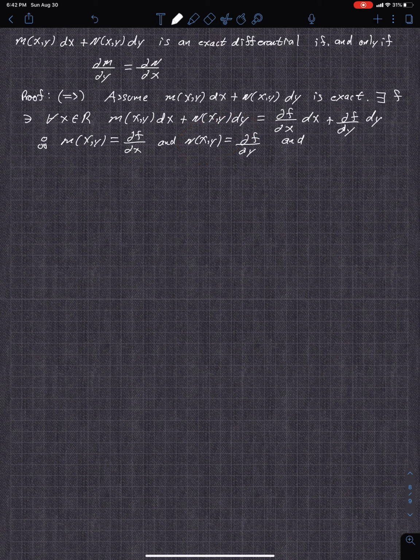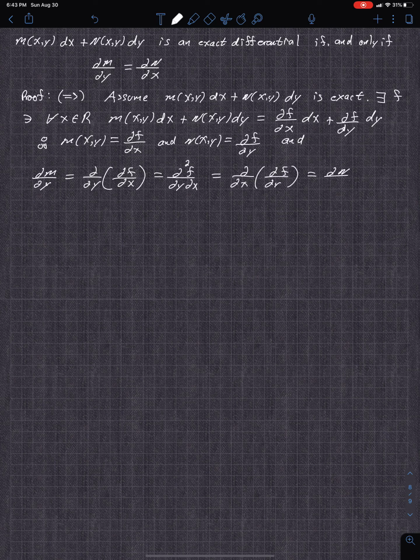So we get partial M with respect to y equal to partial with respect to y of partial f with respect to x. That is just the second partial of f with respect to y then x, which is equal to partial with respect to x of partial f with respect to y, which is partial N with respect to x.